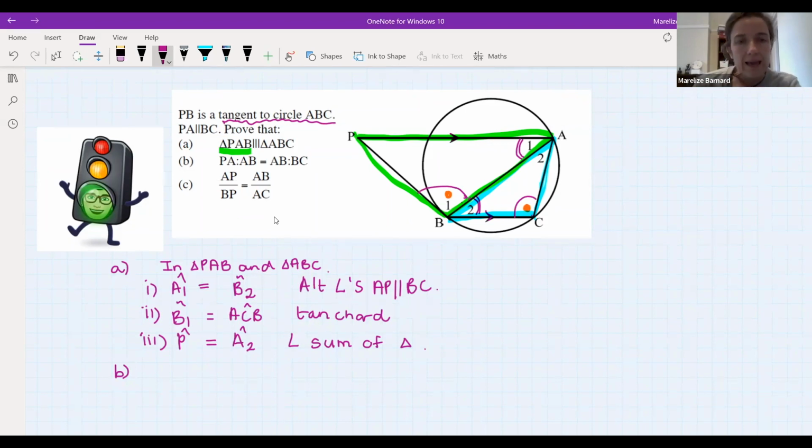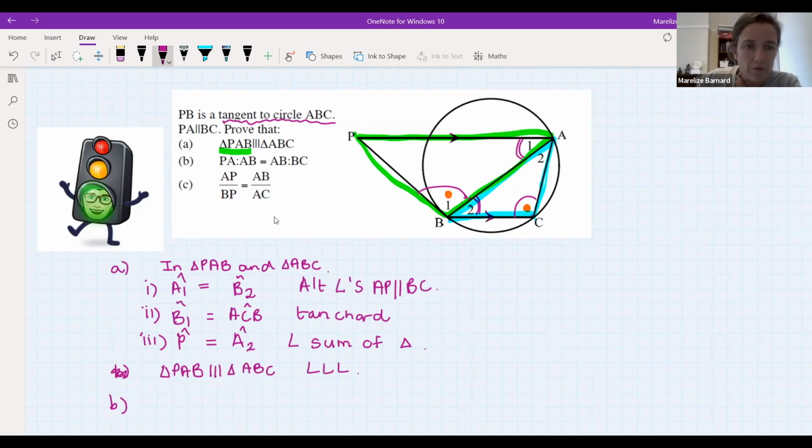Okay, and then PA to AB. So we can do triangle PAB. I think we might only have time for this last one. And triangle ABC are now similar, and it's angle, angle, angle.